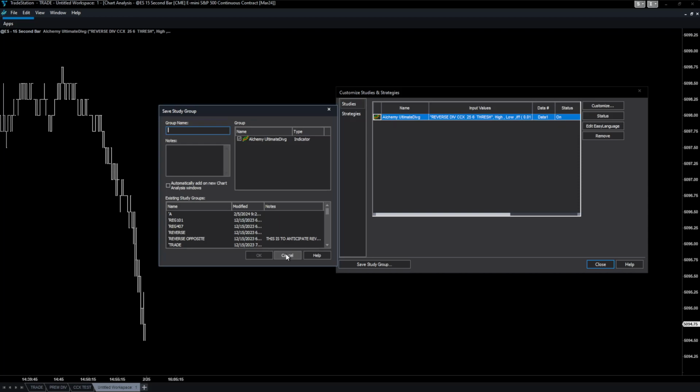Hit OK, and it automatically adds that into the study. So now, as you can see, I have two of them because one was already in here.